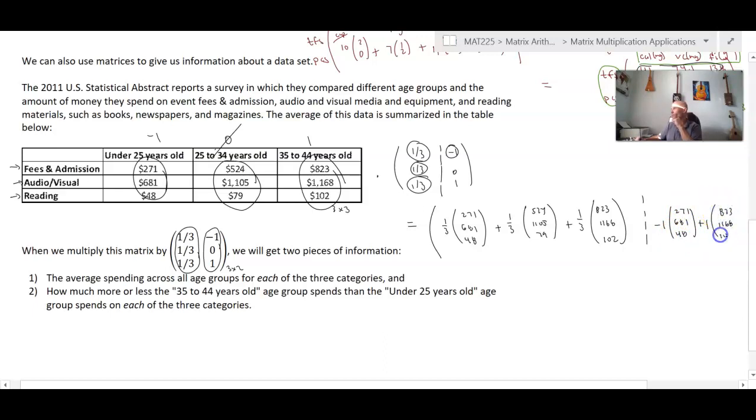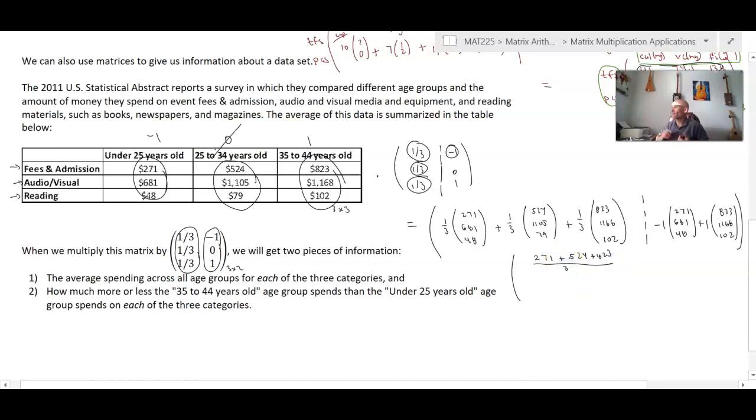Now, I'm not going to actually compute this, but I want to just illustrate that these 1/3, what they'll do is average across the 3 age groups. And if I take 1/3 of 271 plus 1/3 of 524 plus 1/3 of 823, that's the same thing as adding the numerators and putting the whole thing over 3.